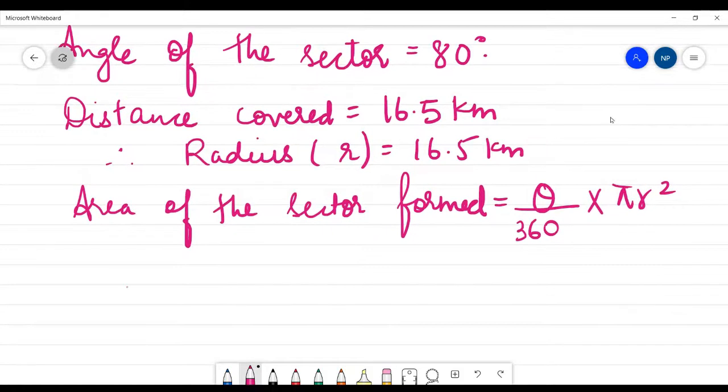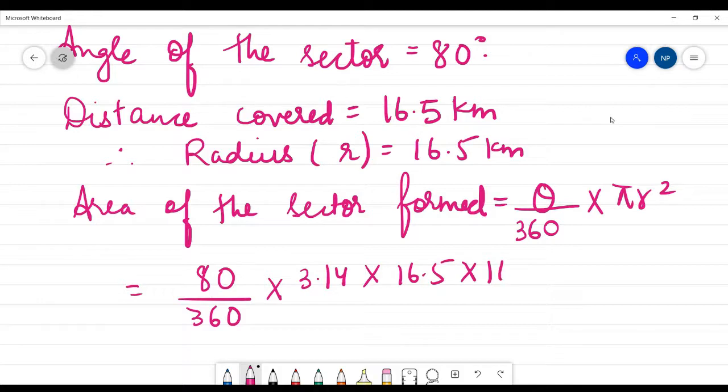So let us write down theta is given as 80 upon 360 into pi, we have to use it as 3.14 into 16.5 into 16.5. 0, 0 gets cancelled. 2 4s are 8, 2 18s are 36, 2 2s are 4, 2 9s are 18.